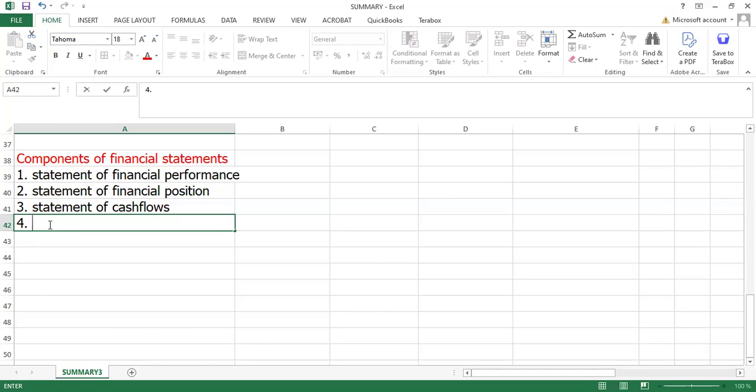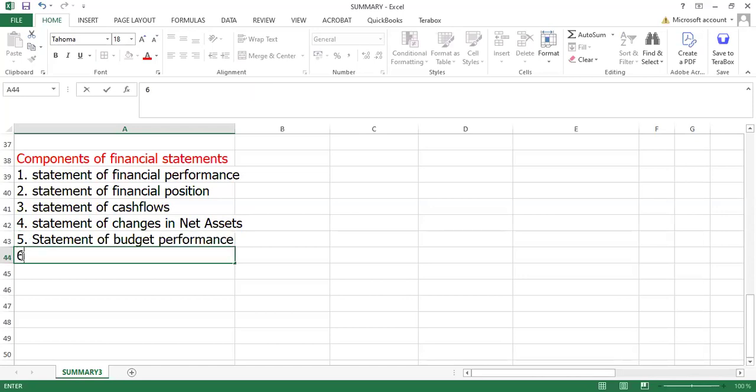Then we have another component, the statement of changes in net assets. That is like statement of changes in equity. Then next, you have the statement of budget performance.